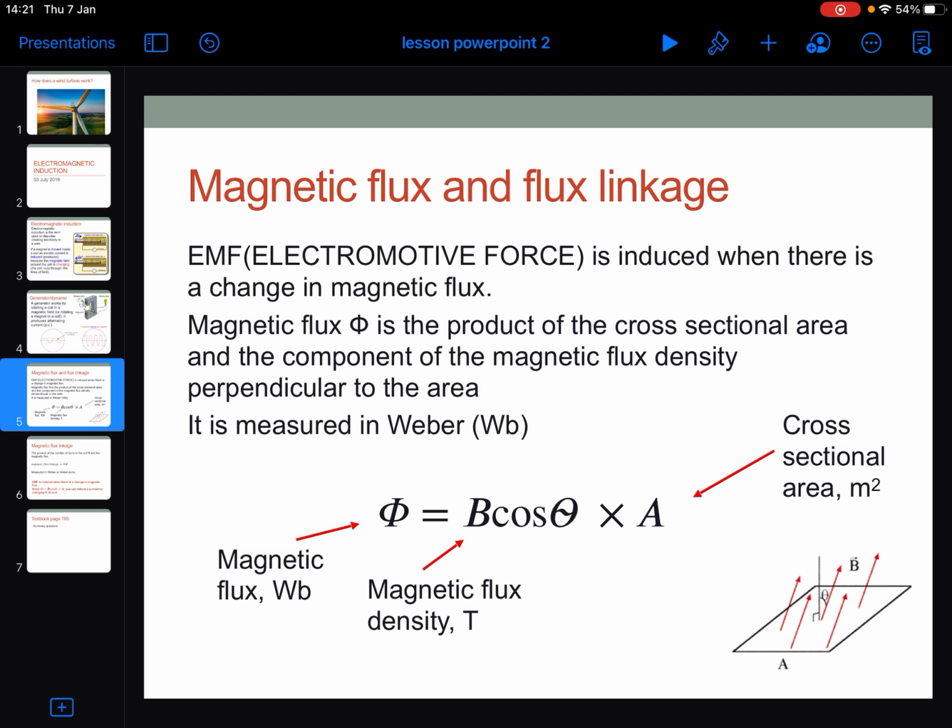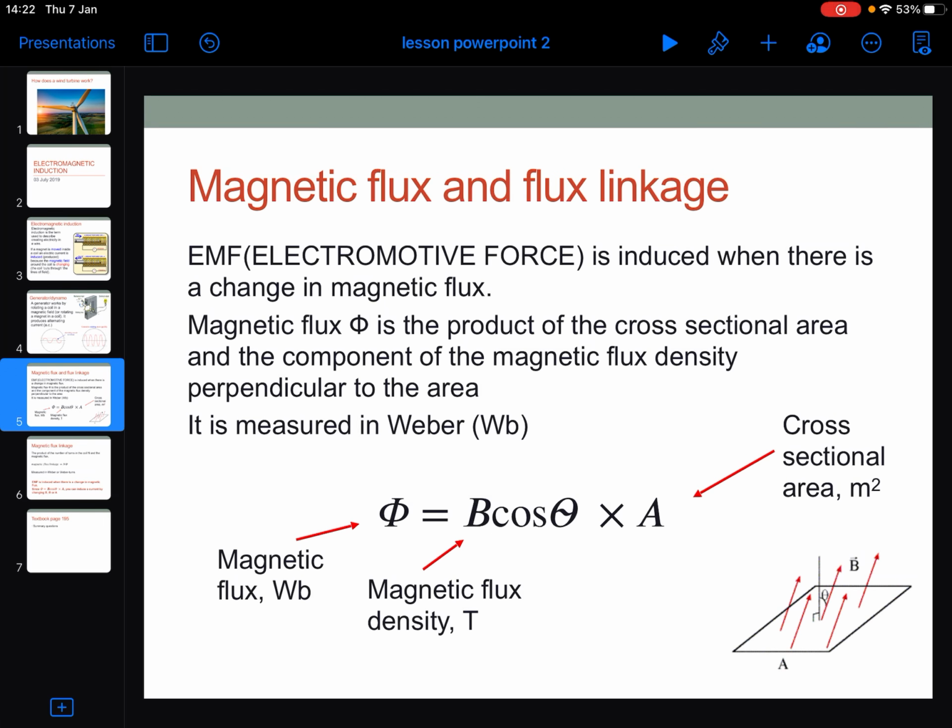There are two things I need to know about the field in order to find out basically how much of the field is going through that coil. So the first thing I want to know is the angle I've got my coil to the field, because as you know, if it's at a right angle, fantastic, you get a lovely amount of field going through it. But if it's parallel to the field, you don't get any going through it. So the angle is very important.